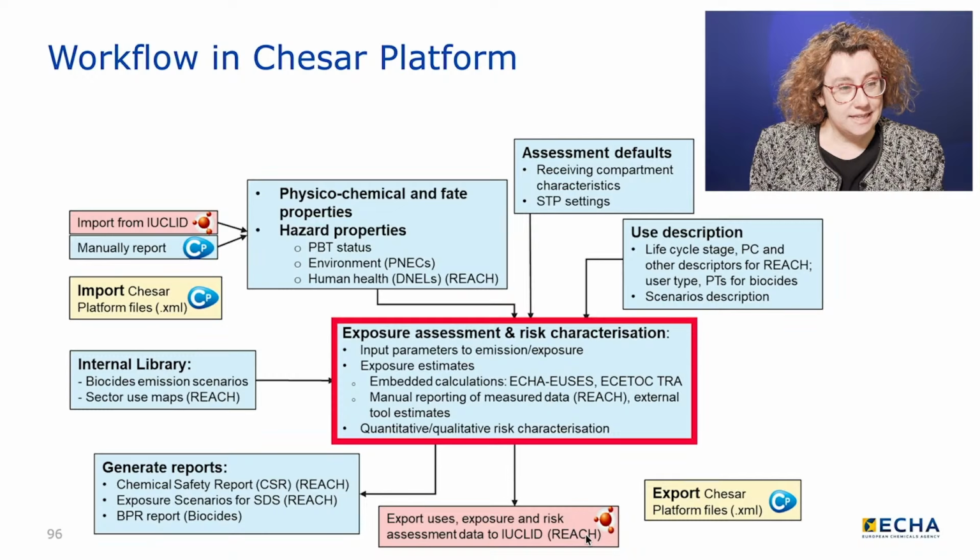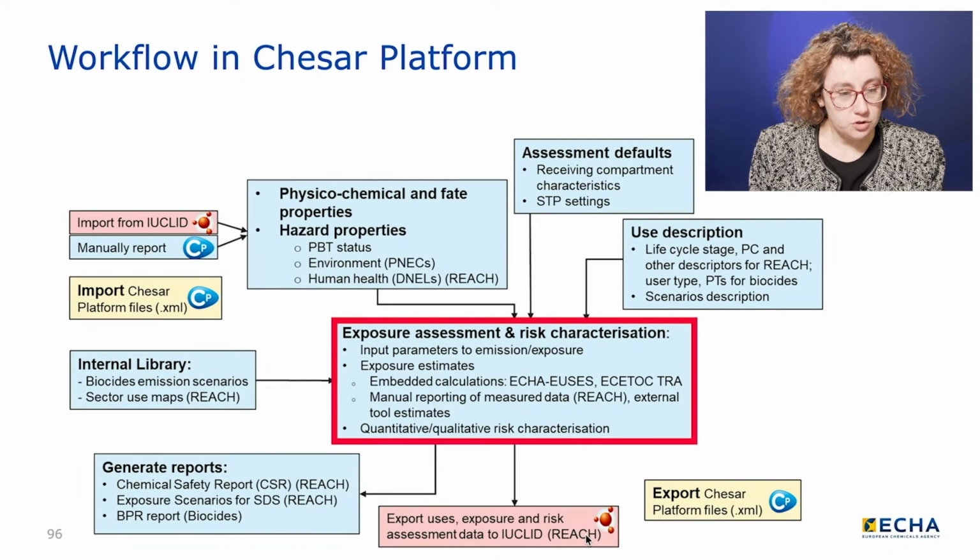So you have already seen this workflow. Now we are in the exposure and risk characterization part, which, as you can see, is a very central part of the workflow. Here you already have all the hazard properties, the hazard conclusions, and the use description, and then you will input the parameters to estimate the exposure or the emissions.